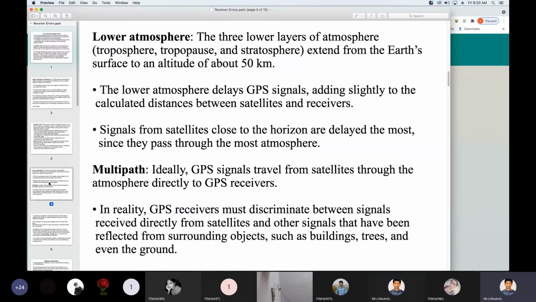Coming to the lower atmosphere, what type of layers are available? The three lower layers of the atmosphere are the troposphere, tropopause, and stratosphere.